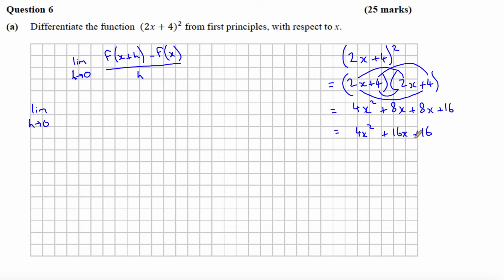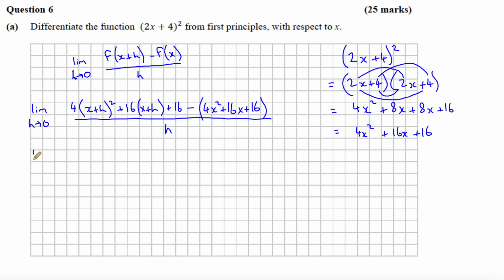Well, if I replace these x's here with x plus h, that's going to give me 4 bracket x plus h squared plus 16 by x plus h plus 16, minus f of x, which is just this function here, 4x squared plus 16x plus 16, and that's all going to be over h.